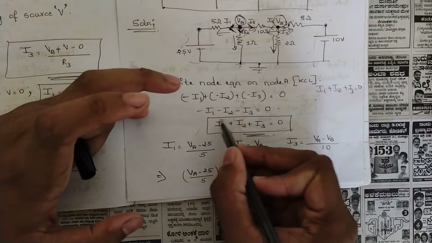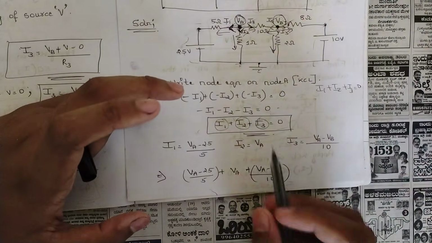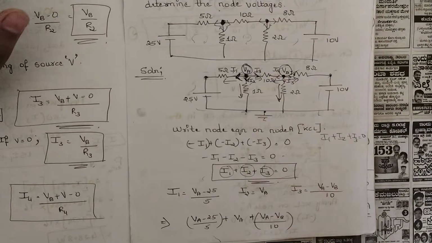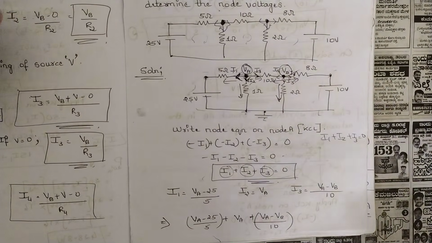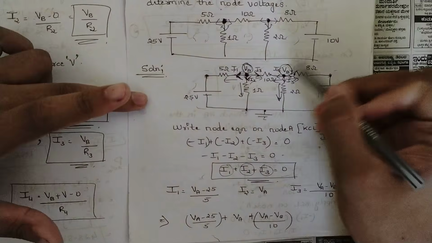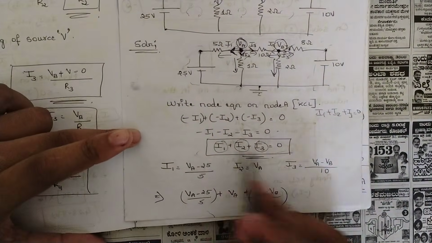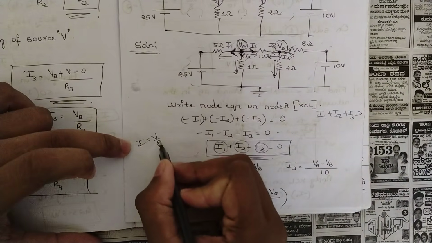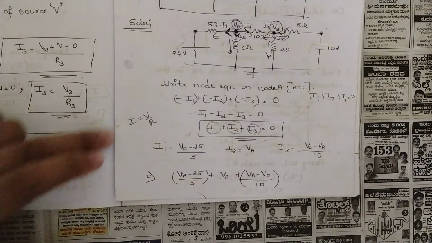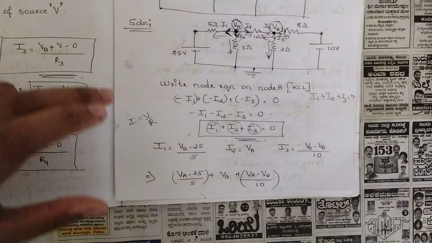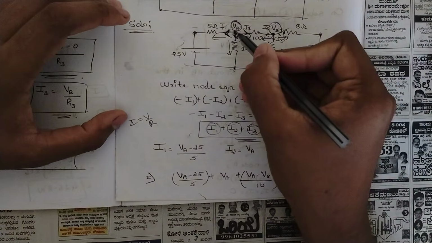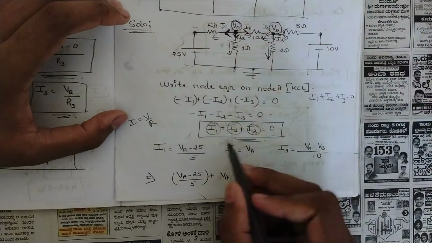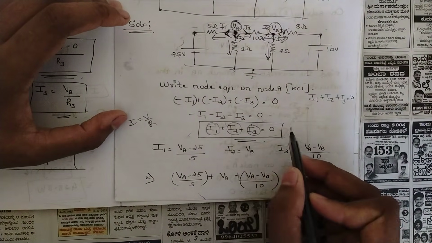Then find the values of I1, I2, I3, because in node voltage analysis our goal is to find the node voltages, VA and VB in this case, but we have the equation of current. So we know that I is equal to V by R, and we should apply that relation for all the nodes. In this case, on node A, we have three branch currents I1, I2, I3, which I have written as I1 plus I2 plus I3 equal to 0.